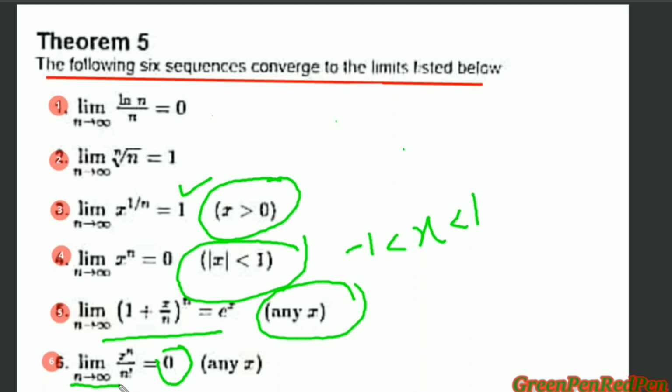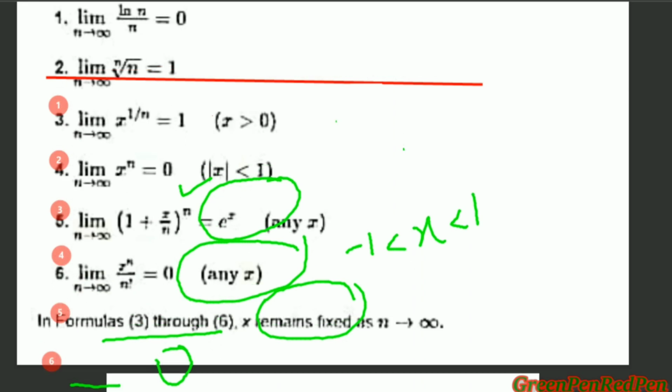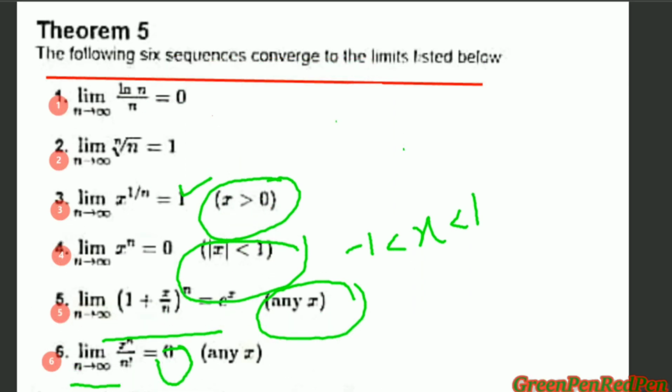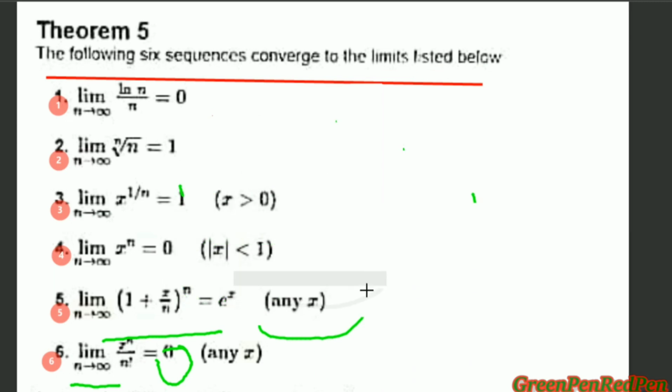Okay, next we are going to show the proofs of these six sequences. Let's see sequence number 1.